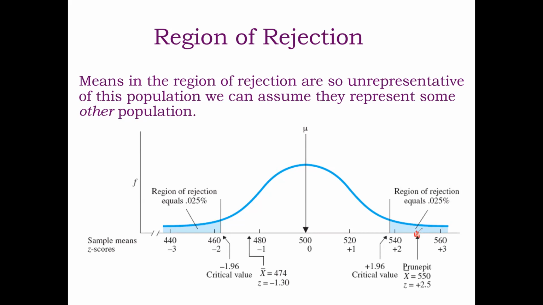This will be very, very unlikely if this is our null distribution. If we get a sample mean that's way up here, if it belonged to the null hypothesis distribution, it would be very, very unlikely. More likely is that it belongs to a different population with a mean over here. Okay, hopefully that makes sense.